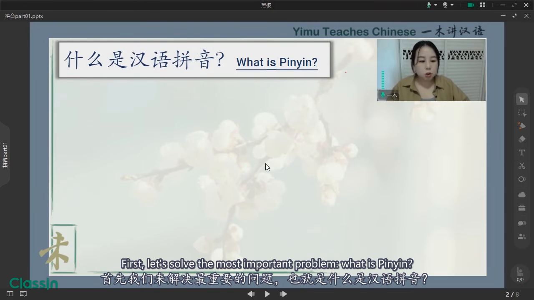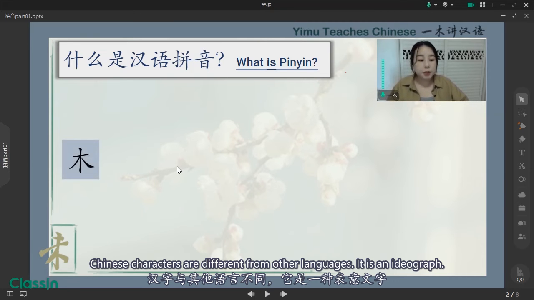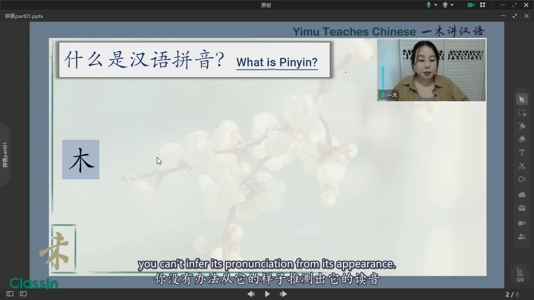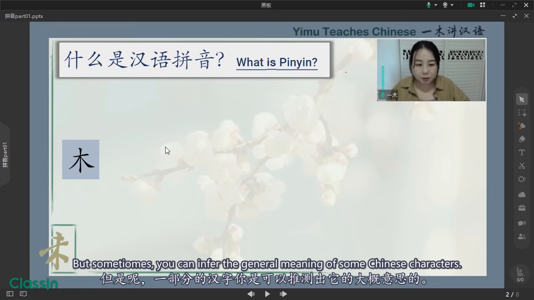First, let's solve the most important problem. What is pinyin? Chinese characters are different from other languages. It is an ideograph. That is to say, when you see a completely strange Chinese character, you can't infer its pronunciation from its appearance. But sometimes, you can infer the general meaning of some Chinese characters.